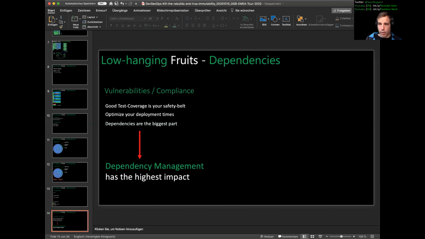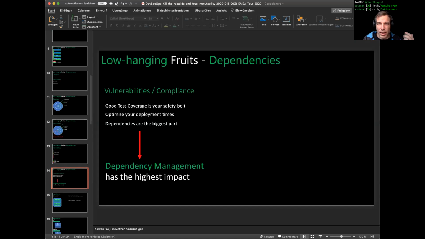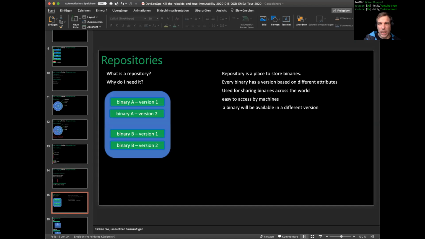So dependencies, in terms of the dependency between technologies, the dependency on different binaries to ramp up the whole stack, to ramp up the whole ecosystem. Every dependency is more or less based on a repository. If you're thinking about repositories where you're grabbing all this stuff, you have to compose it, and you have to store your own results there.